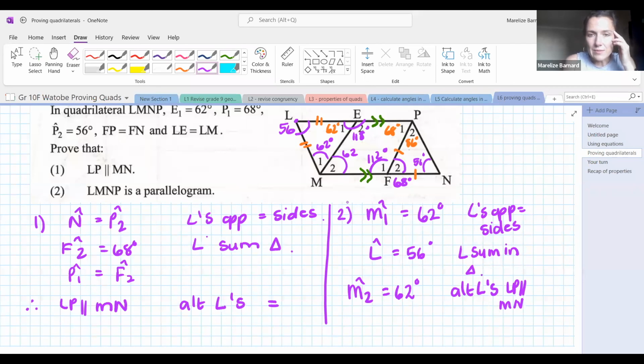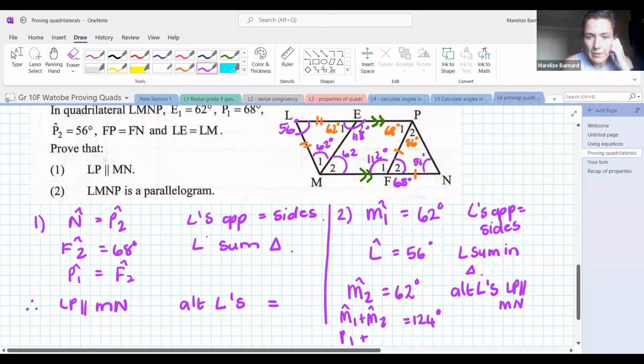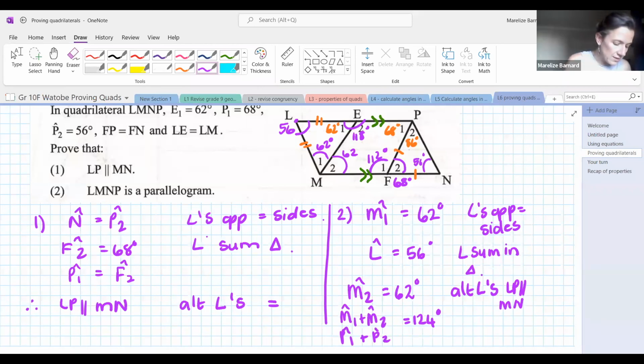And that means M1 plus M2, what does that give me? 62 plus 62, that's 124. And P1 plus P2 is 68 plus 56. That also gives me 124.